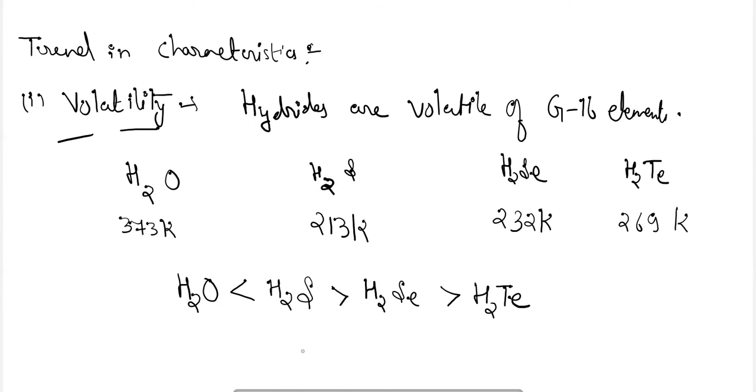What is the reason behind this? The low boiling point and therefore low volatility of water is due to the association of H2O molecules through hydrogen bonds. The structure is like this, and they form hydrogen bonds between them.